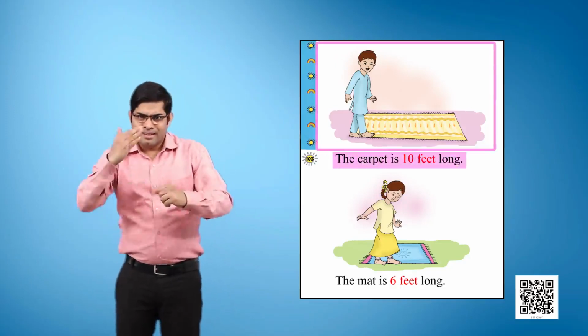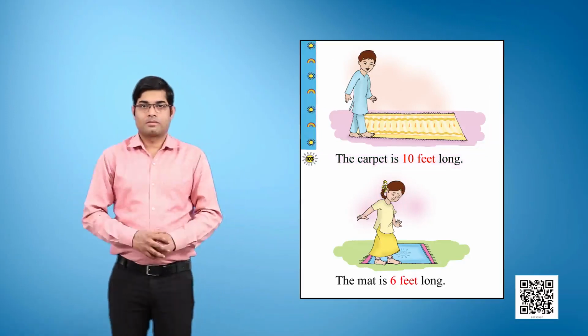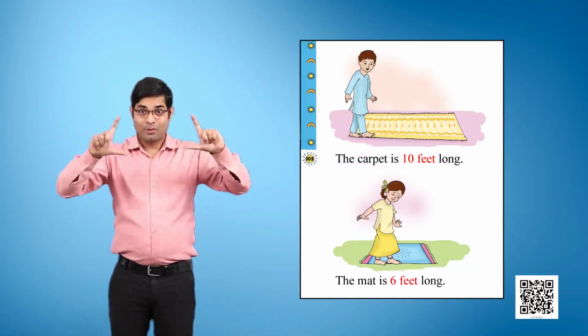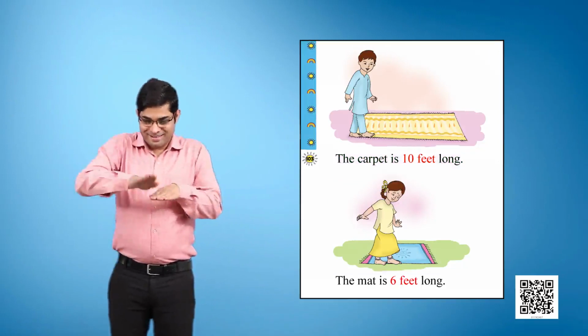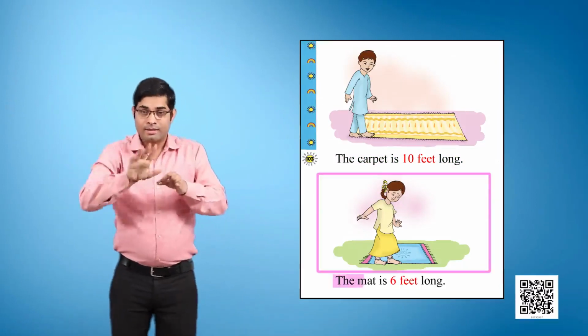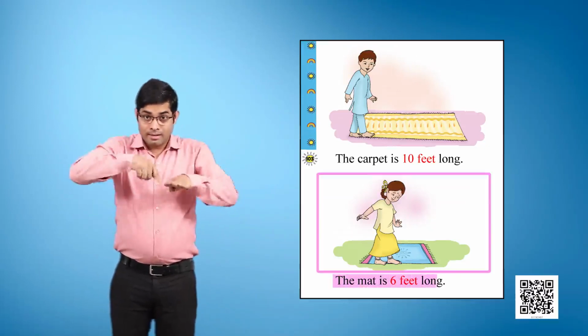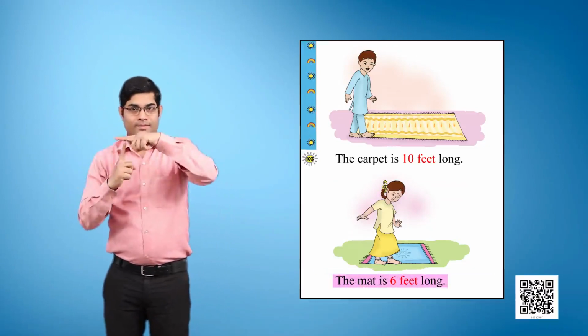This is written beneath this picture. Part 2 picture shows a girl measuring a mat with her feet. The mat is 6 feet long. This is written beneath this picture.